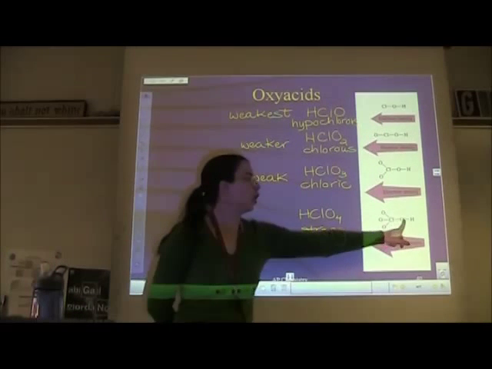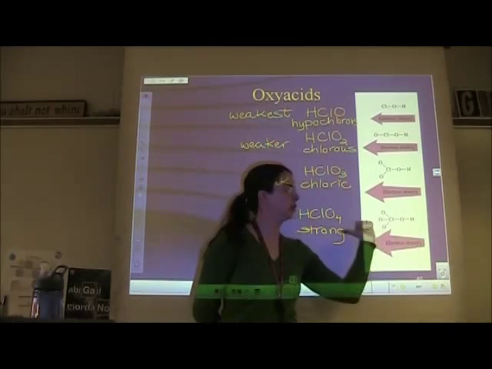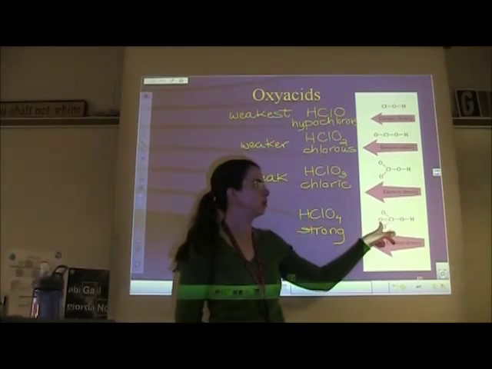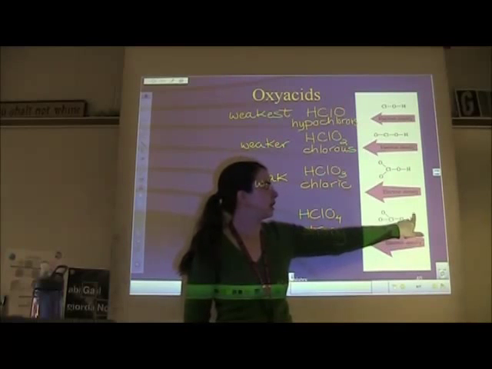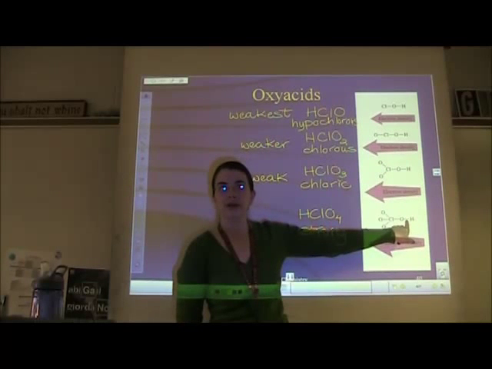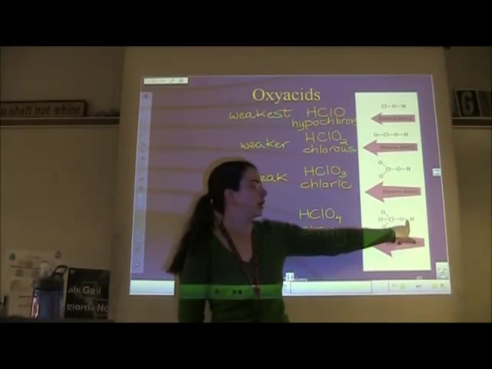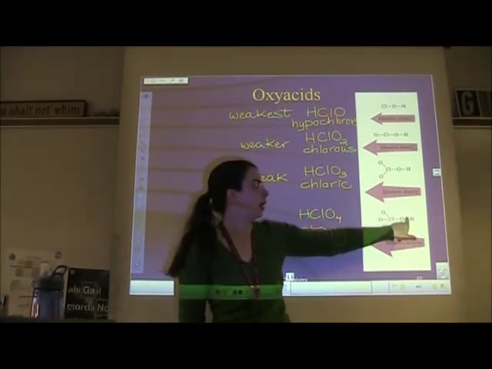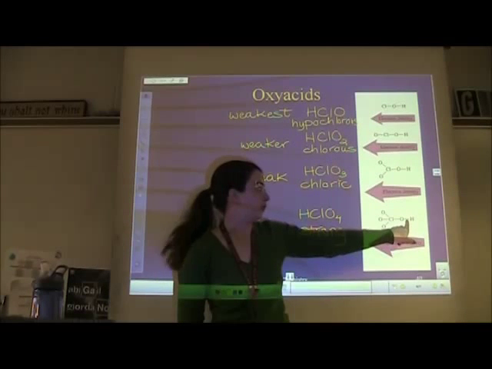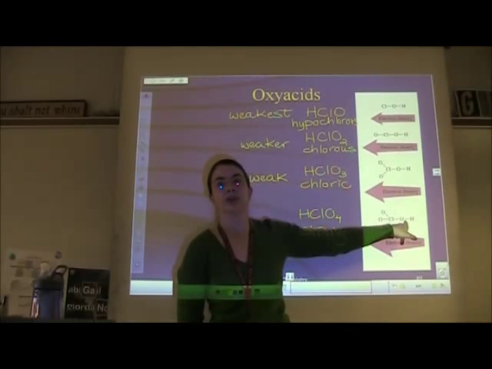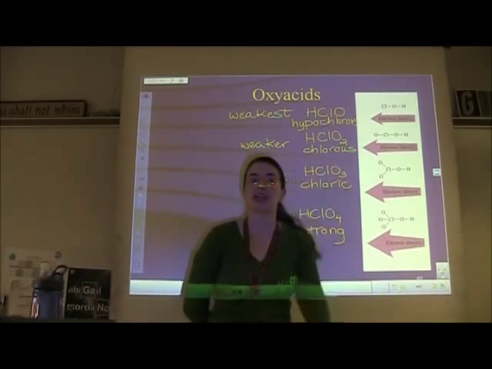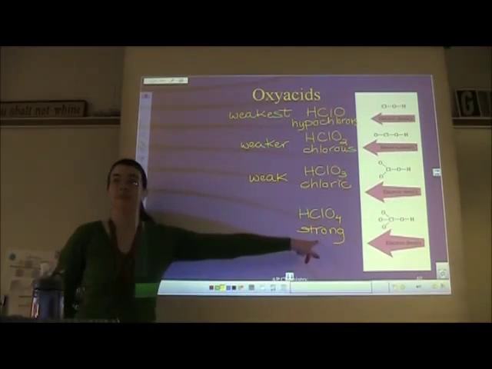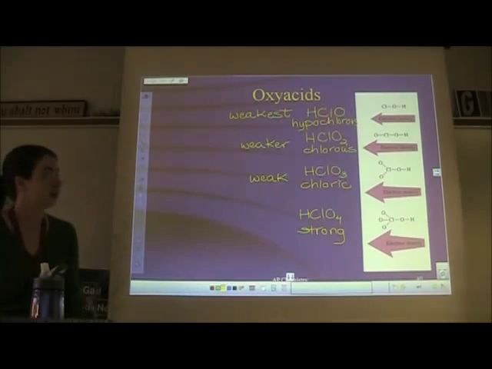Well, if all the electrons are being pulled to the left-hand side of this molecule, that's leaving this little bond right there very, very weak in strength. If that little bond is very weak, is it easy to pull off that hydrogen or very difficult? Easy. If the H comes off easily, it's a strong acid.